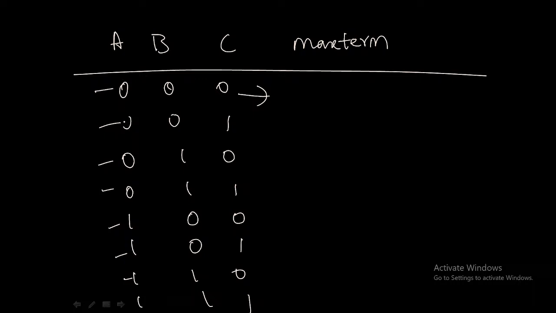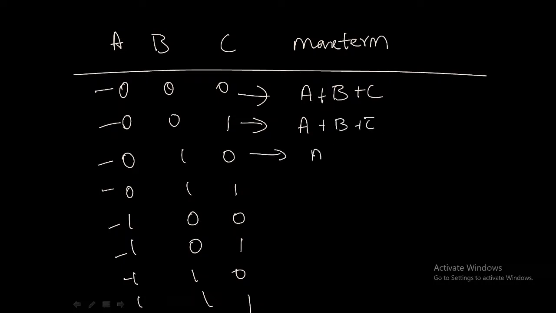So 0 is represented as the non-complemented form, that is A plus B plus C. It is represented as product of sums, not SOP, the POS form. Max terms are related to the POS form. And here it is A plus B plus C bar.